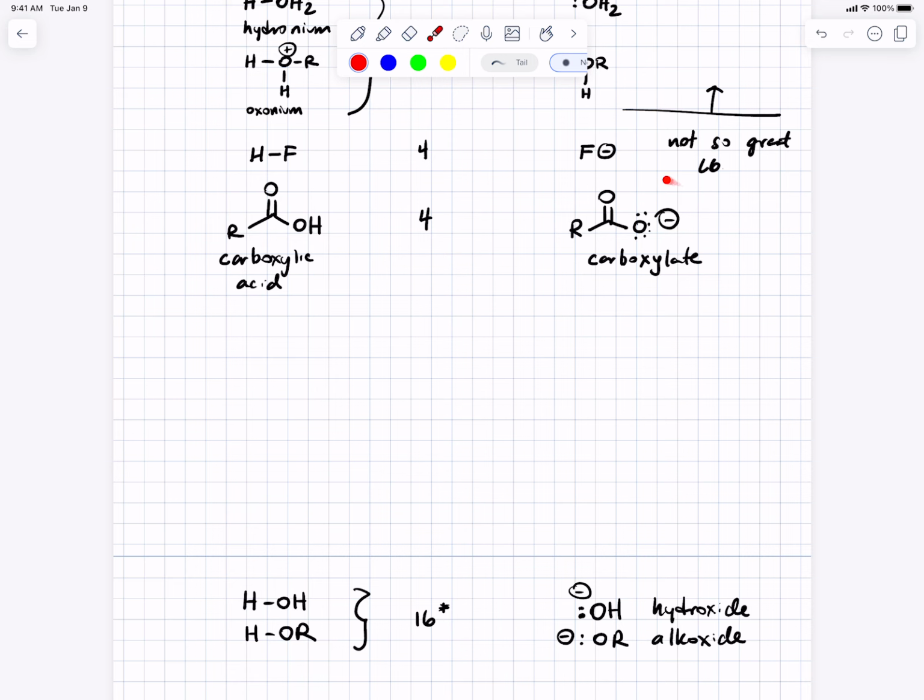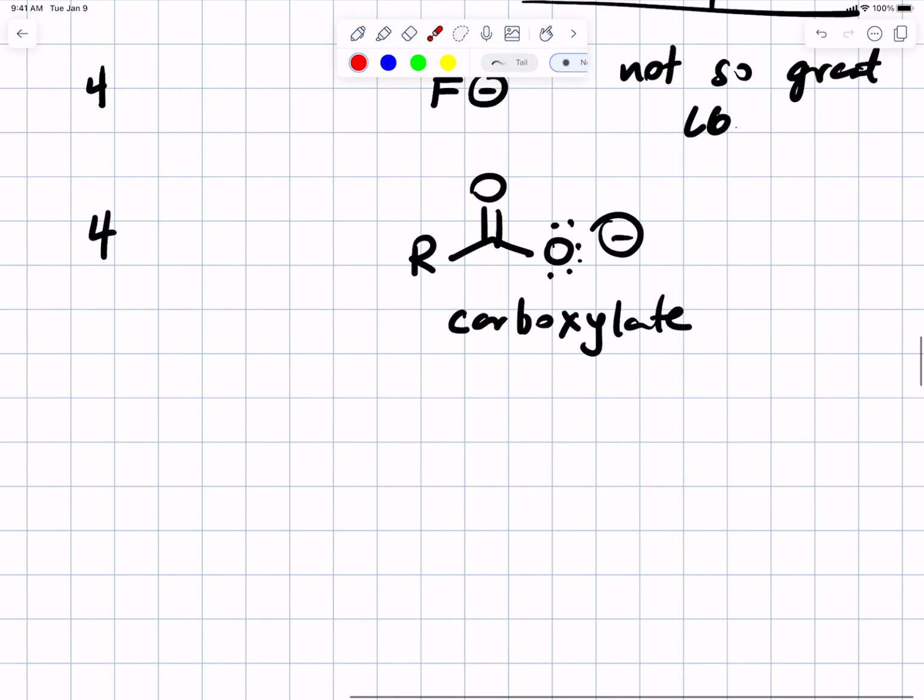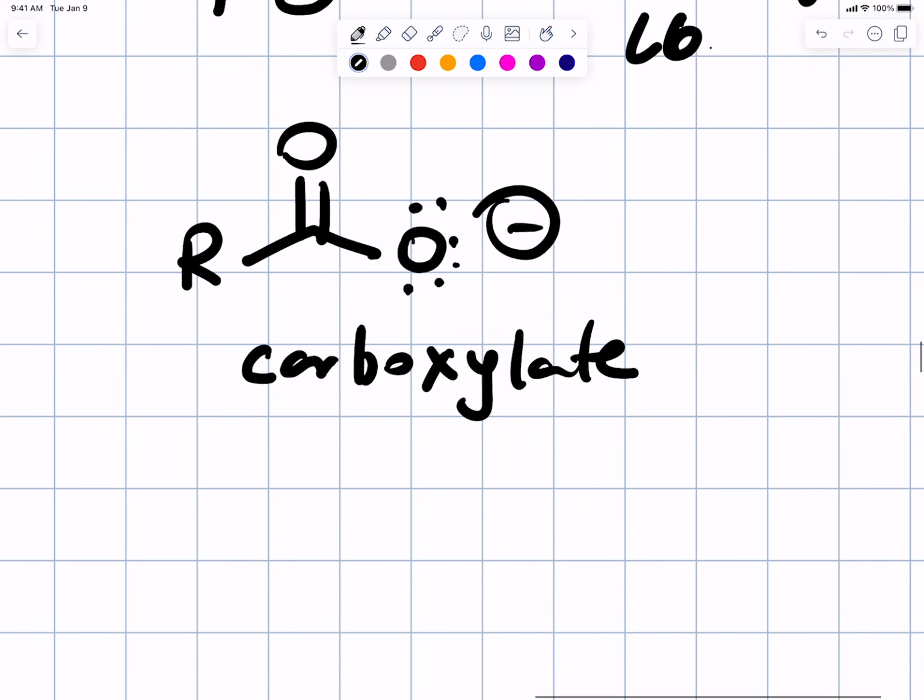So, can you think of a reason why the carboxylate is more stable than the alkoxide? Go ahead. It's got 2 oxygens, good. So what should that do? Say that again? Resonate. So you've got the opportunity for resonance.